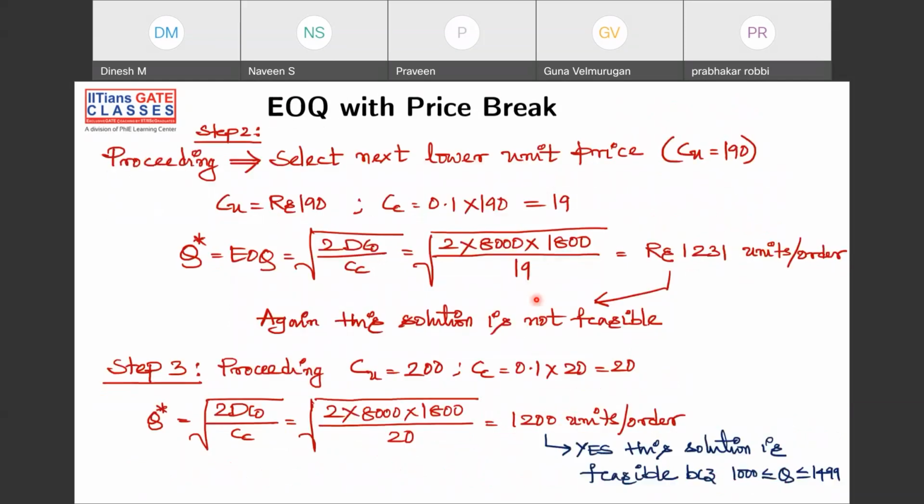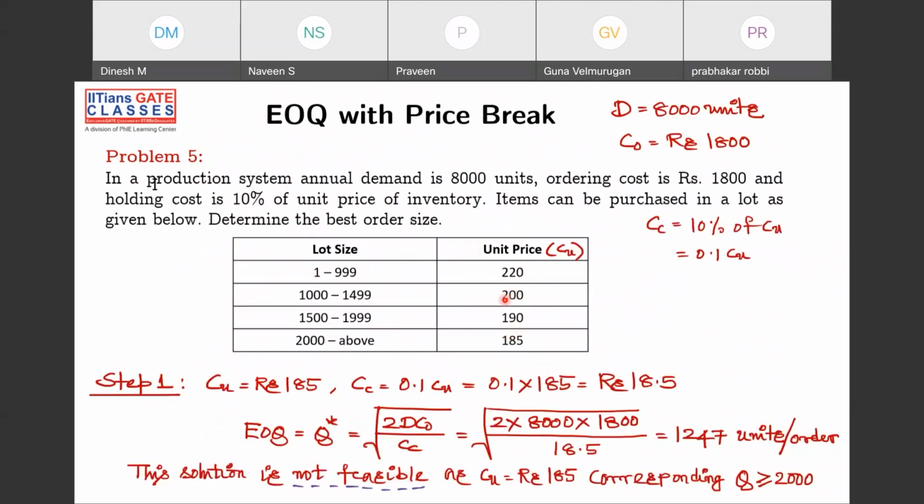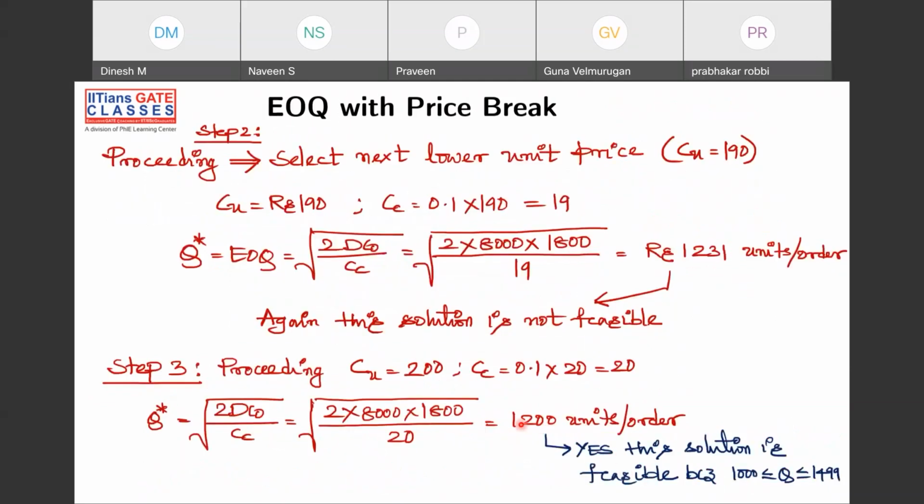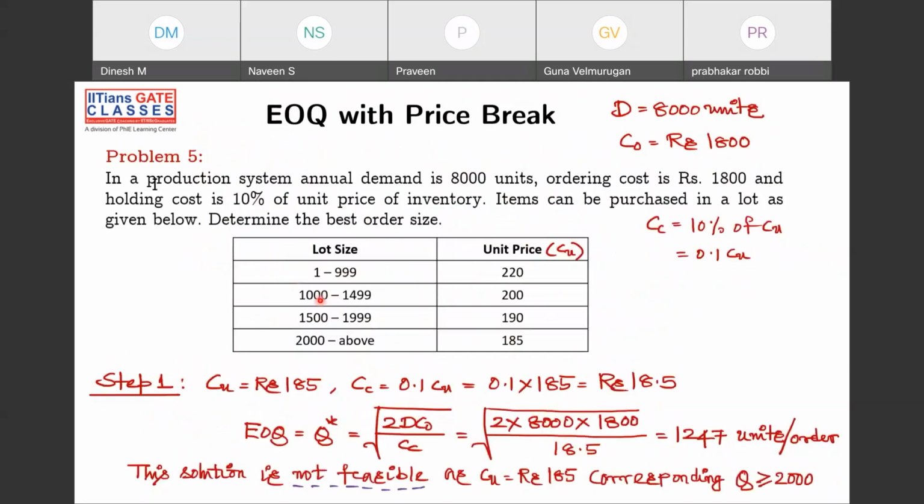So again I'm going and calculating for 200. If you are taking CU as 200 and then calculating the EOQ, I got 1200. Obviously 1200 is in this range, so it means this is a feasible solution. But as you see, at 1500 and 2000 there might be a reduction in prices.